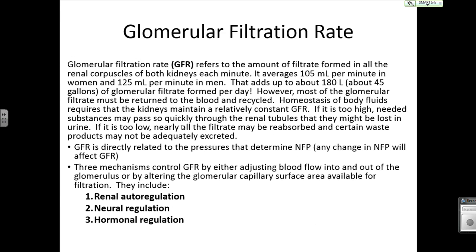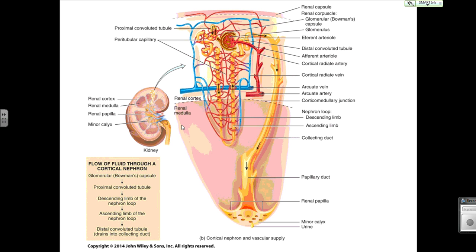If I go back to my picture of a nephron, I can hopefully really show it. Okay. The cells here in the tube detect two things: the concentration and the amount of filtrate. If we are speeding up things to the point where we're producing too much filtrate, we might end up peeing out too much water or too much salt or whatever.